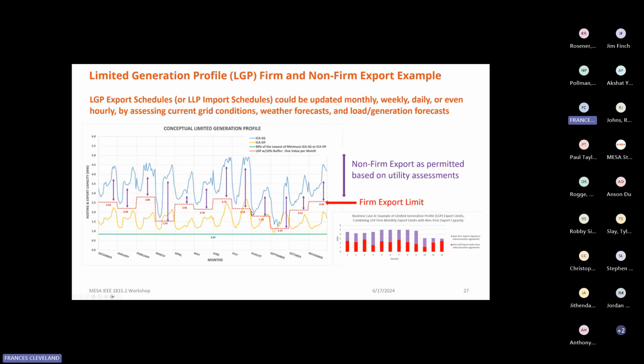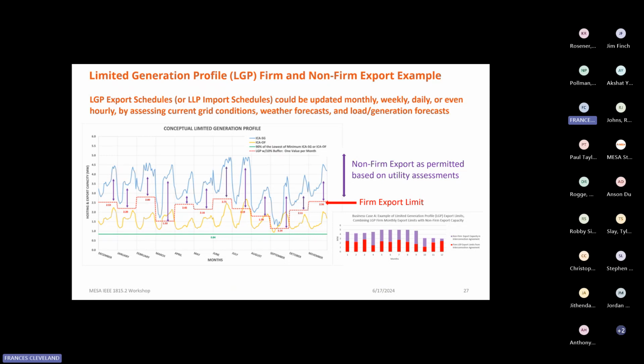And so what you're seeing in this diagram is on a monthly basis because that's where we're starting. But in reality, it could be on a weekly basis, day ahead basis, or even an hour ahead basis, where these limits could change. So we need the ability to establish schedules of these.